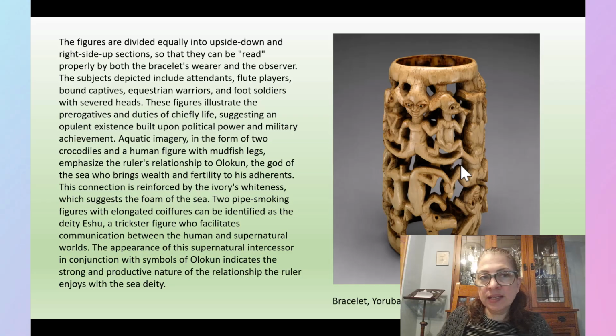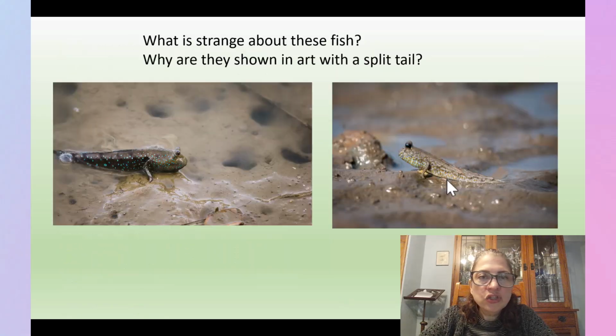So back to this idea of the mudfish, which again is represented with the split tail here. And why show the mudfish with the split tail? Well, these are very unique creatures. They live in the water, and then as it becomes the dry season, they can actually go out of the water and crawl across the land using their fins to find another puddle of water.